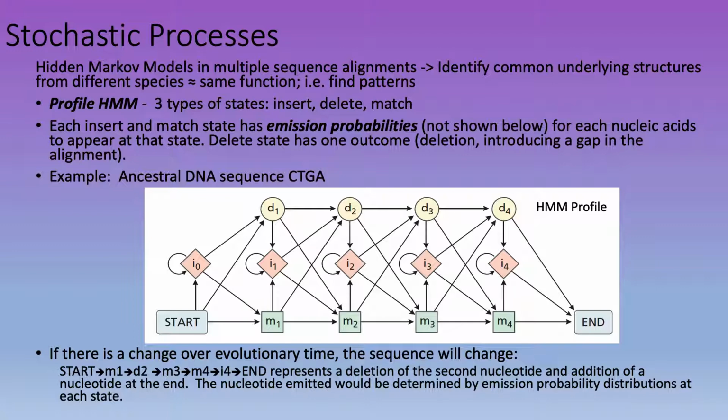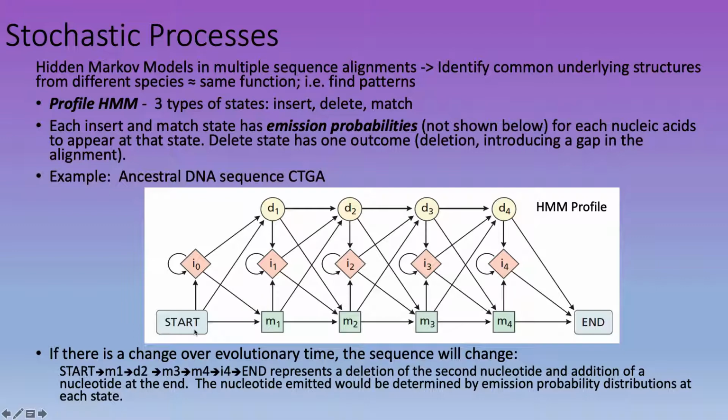And the idea here is that if we think about things over evolutionary time, we would expect them to be divergent from each other, but that they might still fit this same model that we're going to be generating. So we might think that over evolutionary time there might be some sequence change.